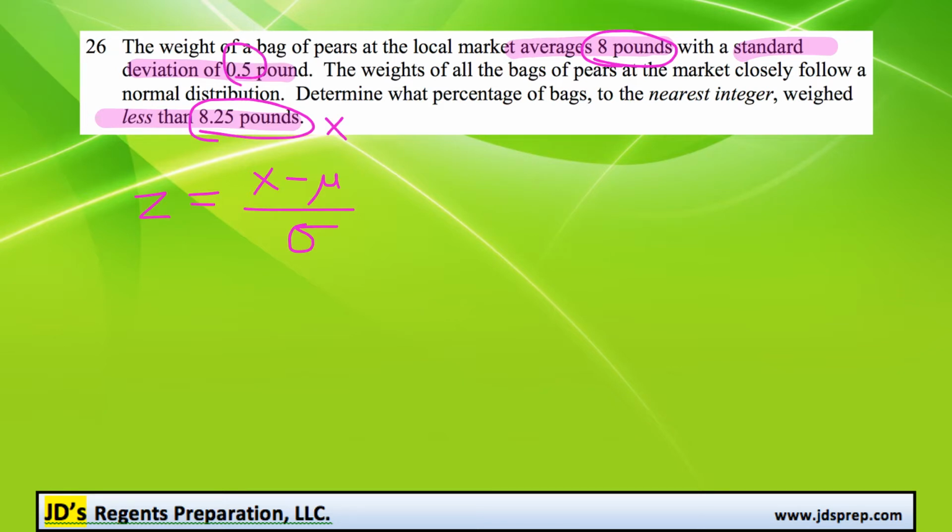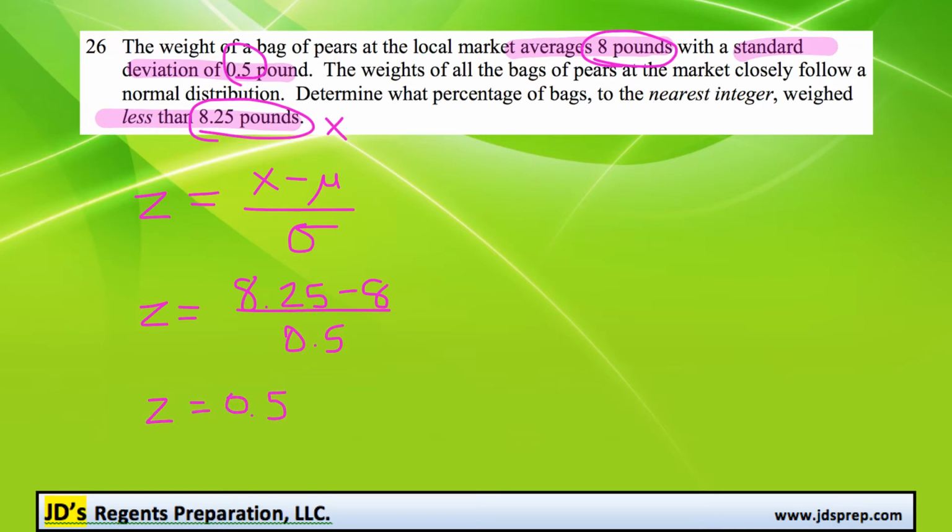So let's input those values: 8.25 minus 8, divided by 0.5. And that gets us a z-score of 0.5.